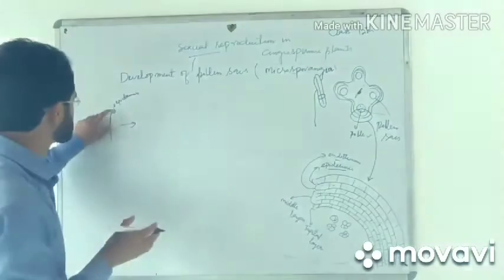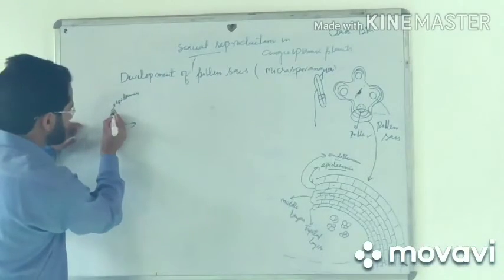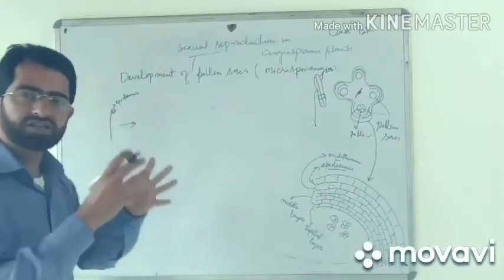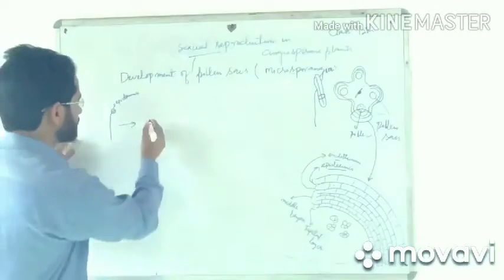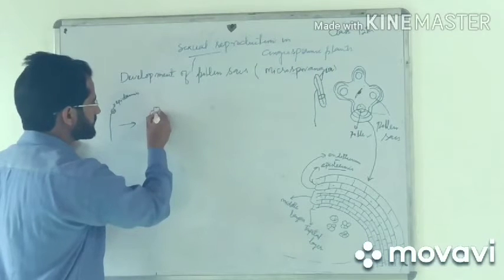Those cells are meristematic in nature, that means dividing cells. These dividing cells develop outside a layer which is known as epidermal layer. This mass of cells bulges out into a structure which appears to be two-lobed structure.